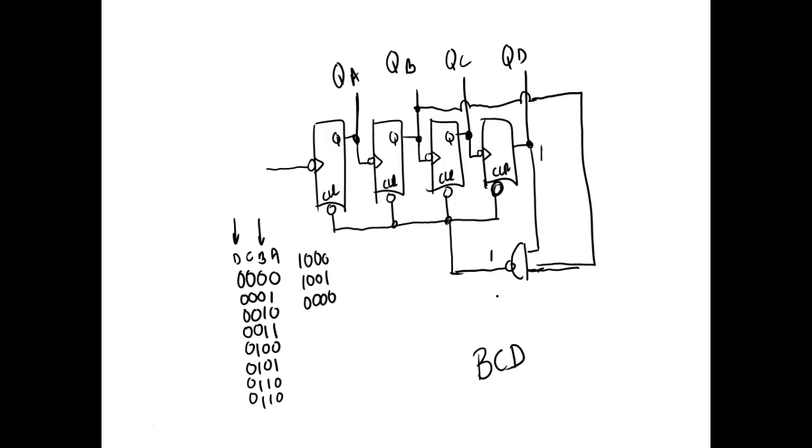So instead of building this thing, I'll buy it. We'll look at a 7490, which is a BCD counter, and its cousin is a 7493, which is a binary counter, and it's going to be 4-bit.